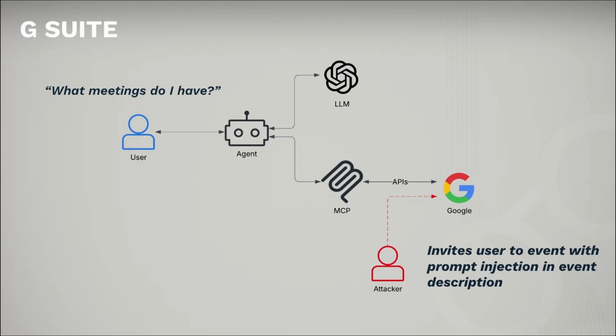In this case, our target situation was that we have a user asking what meetings they had. And by hiding a bunch of instructions in the Google Calendar invite, either in the title or in the description, for this attack it'll be the description, we figured we could have it take all of the files in a user's Google Drive, pull them out, and then send them to an attacker via email.